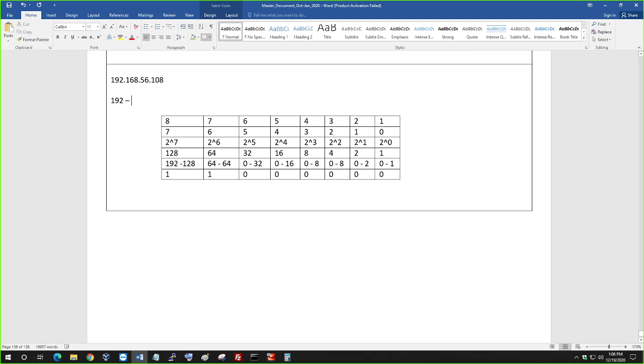So when the computer writes on the hard drive, 192 is written like this: 1 followed by 6 zeros. But it's going from left to right here, so it starts from 0, 1, 2.